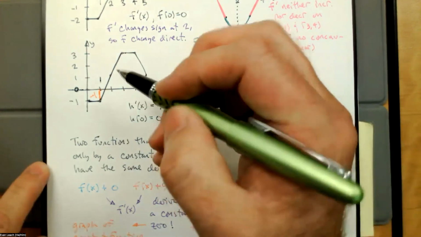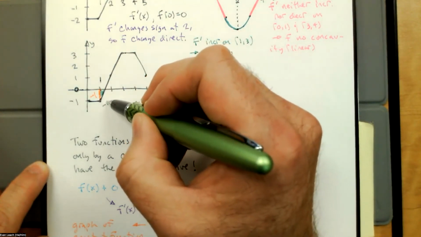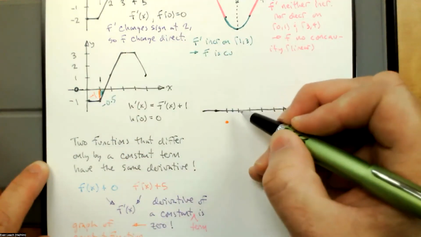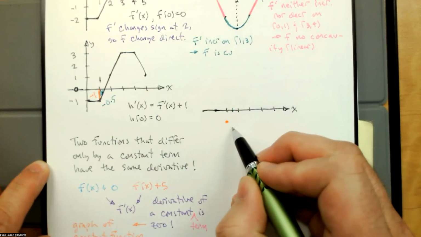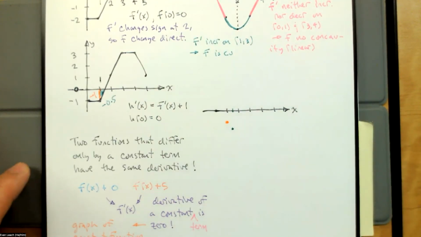So here, we're going to see a decrease of 1/2, but only up to the 1/2 point. So we're going to be decreasing and concave up from 1 to 1.5.